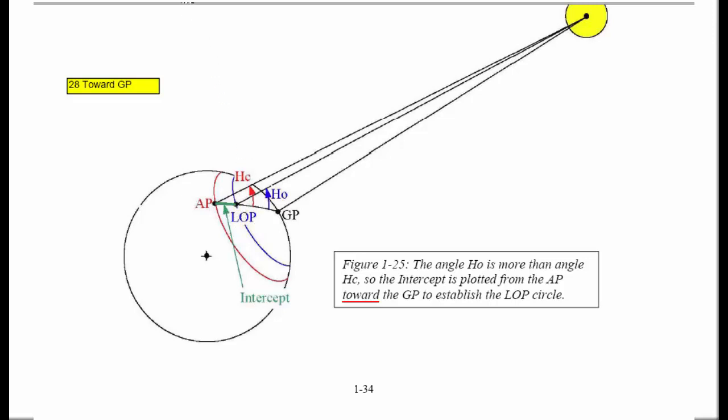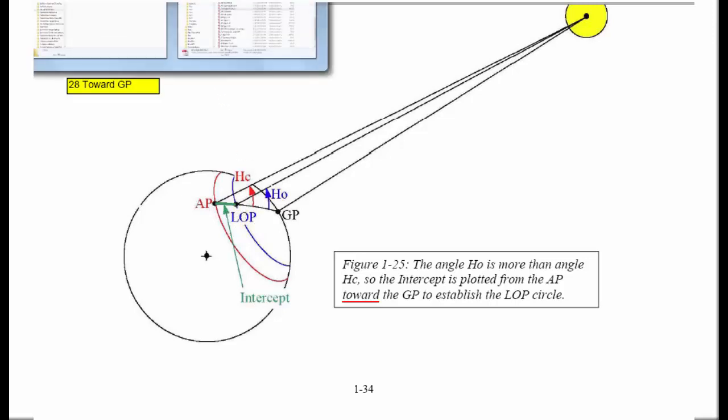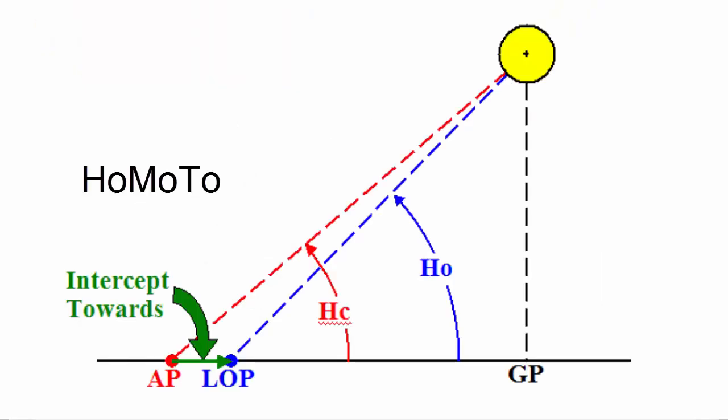So let's look at another diagram to clarify that. Here's the sun, here's the GP. HO angle is greater than HC angle, Homo-Tow. So here I have HO is a greater angle than HC. So the intercept is plotted from the AP towards the GP in order to define LOP.